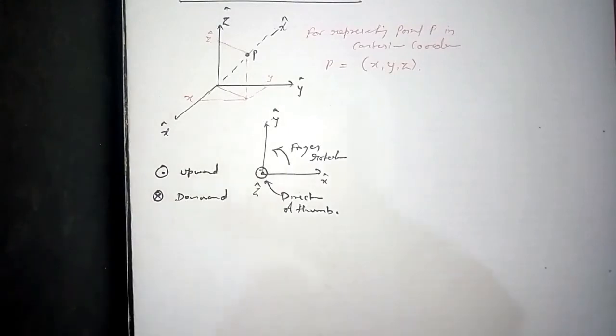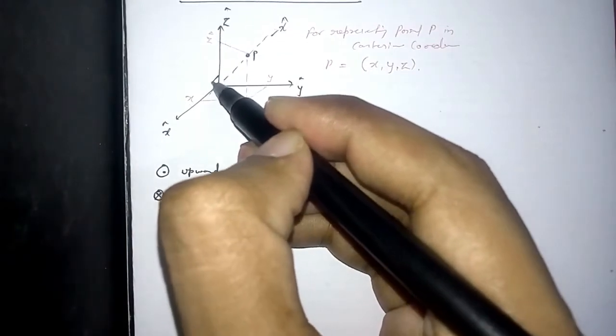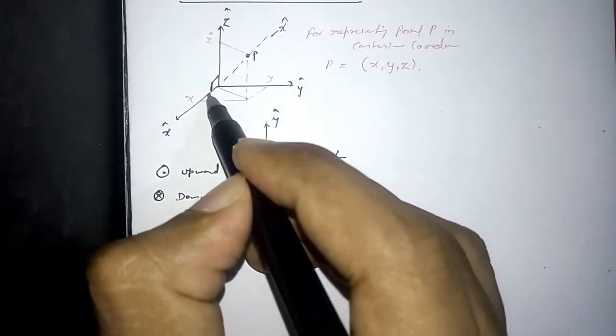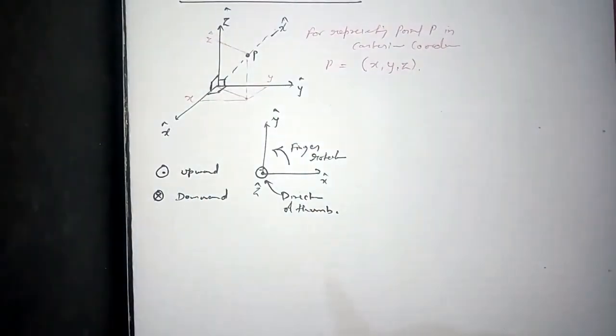And all these axes are mutually perpendicular. So this is 90 degree, this is 90 degree, this is 90 degree.